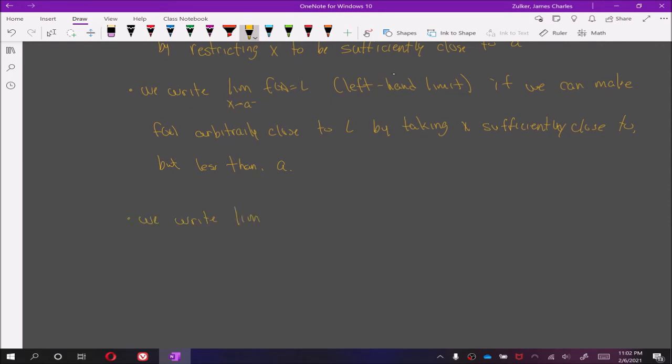We write limit as x approaches A from the right of f of x is equal to L. This is known as the right-hand limit.